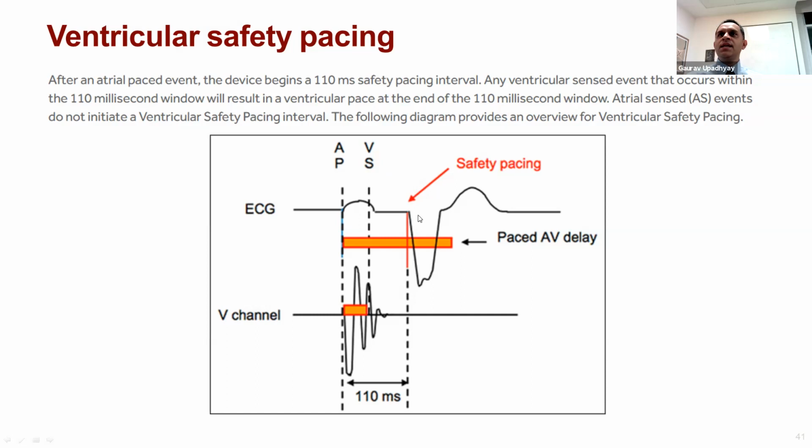So it's when you see a pacing artifact that comes at a relatively short AV interval after a paced event. What you have to look for then is either a V-sensed event or a PVC, or it may simply be that the A-paced artifact is being oversensed on the ventricular channel.